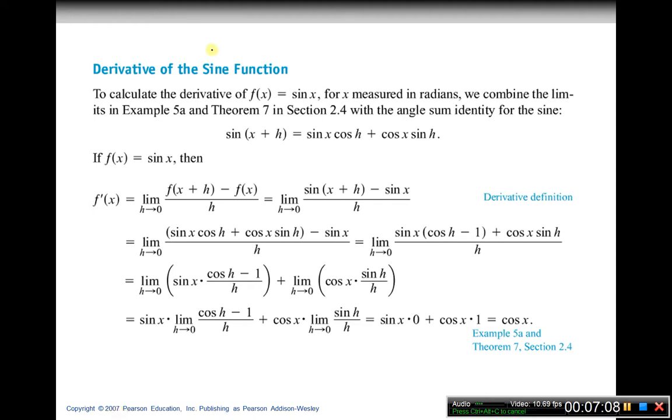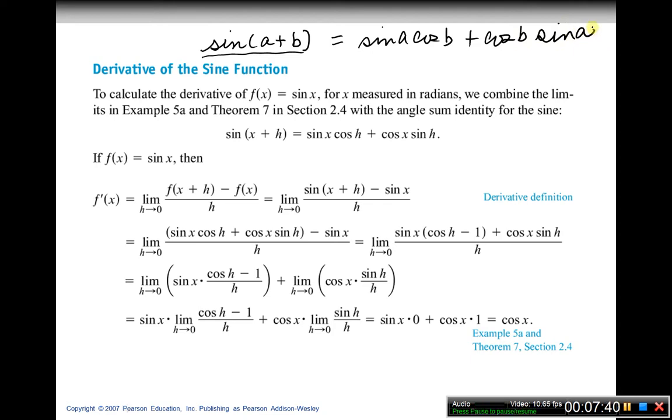You will recall in trig that sine of a plus b was one of the identities that you studied. Sine of a plus b would be equal to sine of a cosine of b plus cosine of a sine of b.